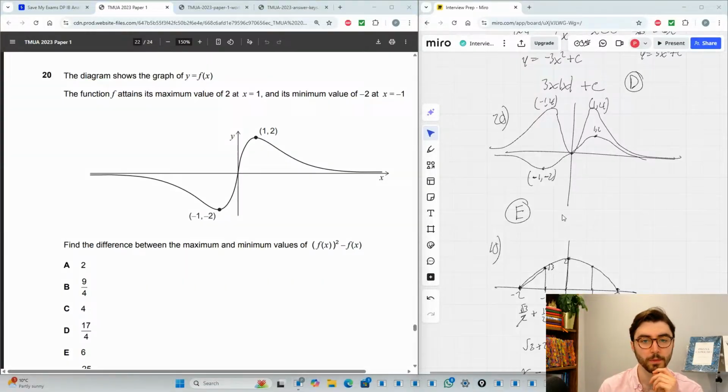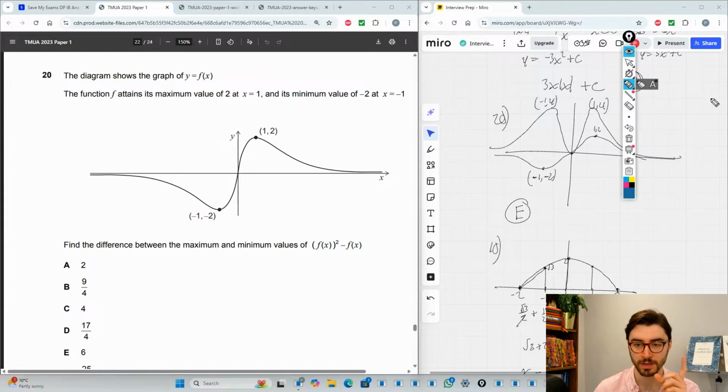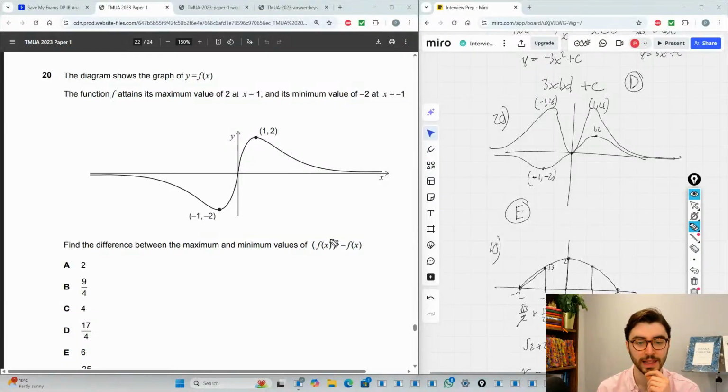That just conceptually got me. What I missed was the signs. I did sketch it correctly, but what I missed is that this can be less than f of x, so that this thing can be less than 0.